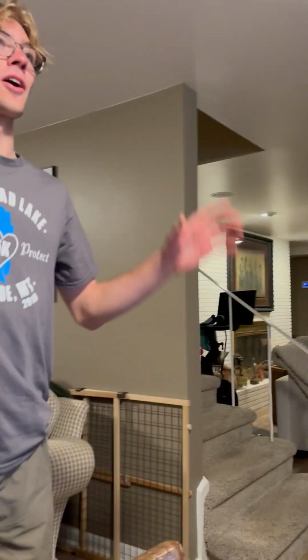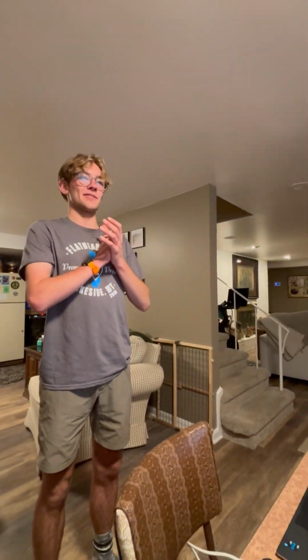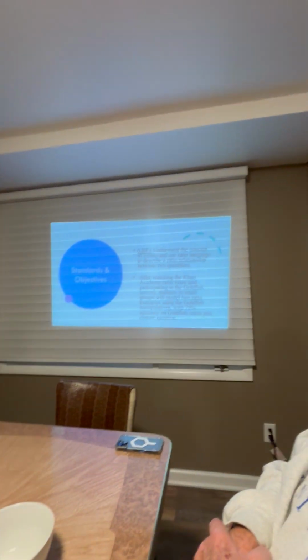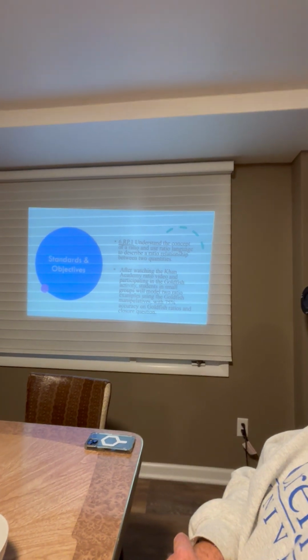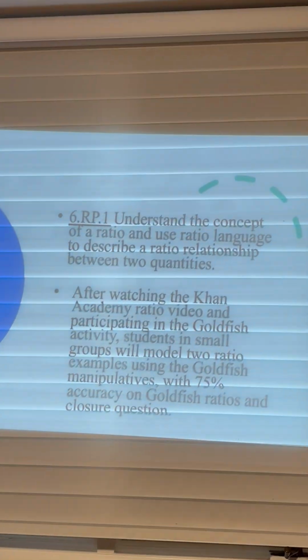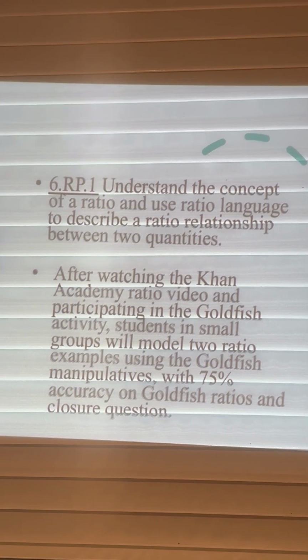Today we're going to be working on ratios. Our objectives and standards for today are 6.RP.1: understand the concept of a ratio and use ratio language to describe a ratio relationship between two quantities.